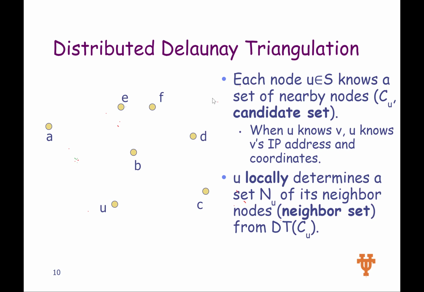They invented a method that allows everyone to only know their nearby nodes, and the nearby nodes will be defined later. And eventually, they can calculate a correct DT without knowing all nodes. It sounds like magic, but they did it, okay?